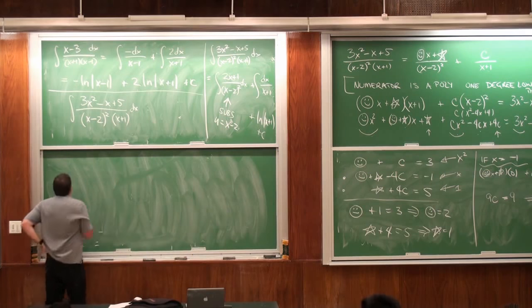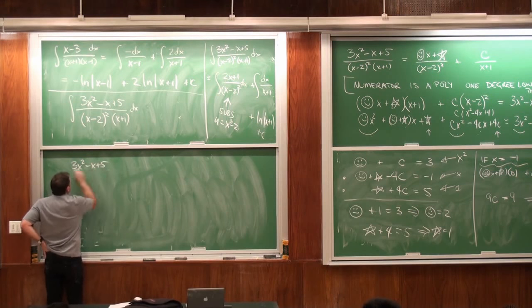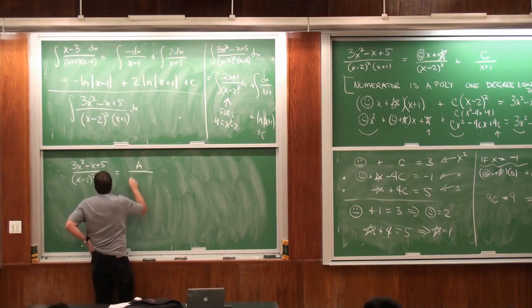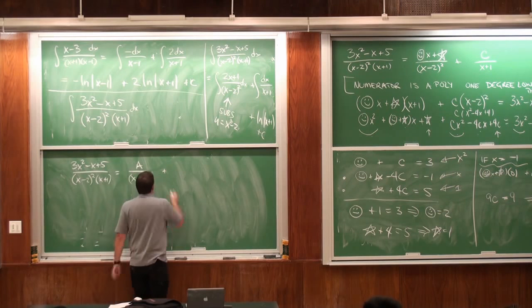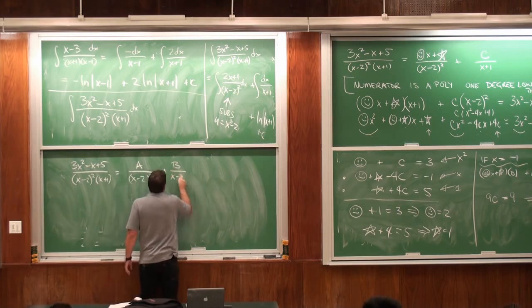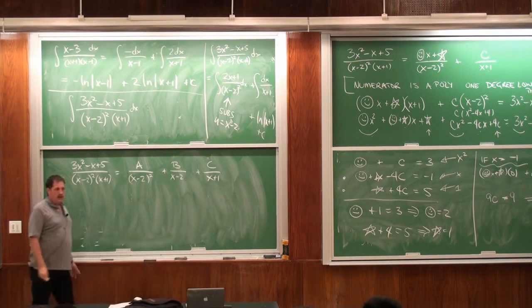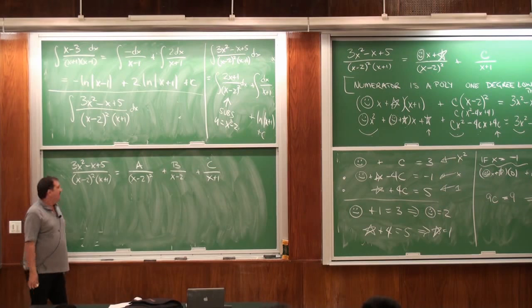I could say instead that (3x squared minus x plus 5) over (x minus 2) squared times (x plus 1) is A over (x minus 2) squared, B over (x minus 2), plus C over (x plus 1). I can do that too. Is that what you get? So I can do this as well.